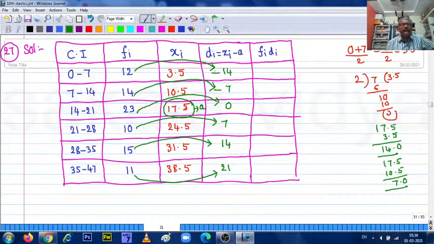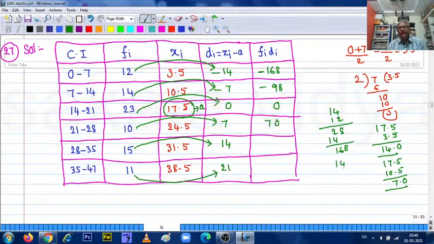So next you see, 14 into 12 means 2 4 is 28, 14 8 is 168. So write down this will be 168, but plus into minus you will be getting 14 7 is 98, but negative 98. 23 into 0, obviously 0. 10 7 is 70.